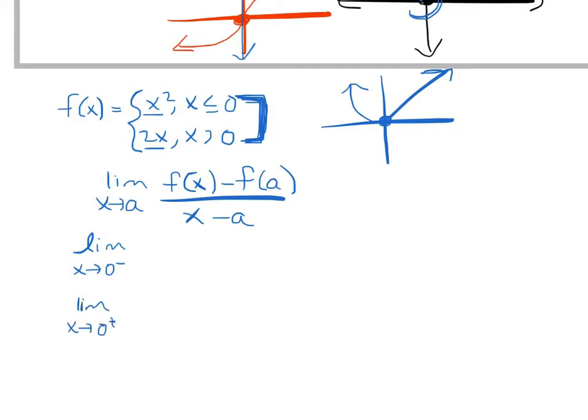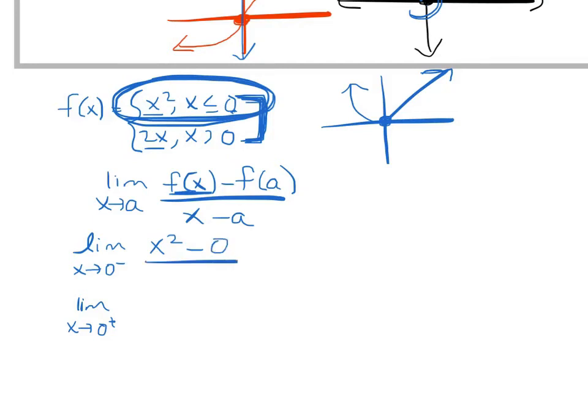So I'm going to plug it into my limit definition. If I check from the left, I'm going to use this piece. So here we go. I'm going to put x squared into this limit definition at 0. That's the problem. That's what I'm checking here. So f of x is going to be x squared minus f of a. You plug 0 in. You're going to get 0 squared is 0 over x minus 0.